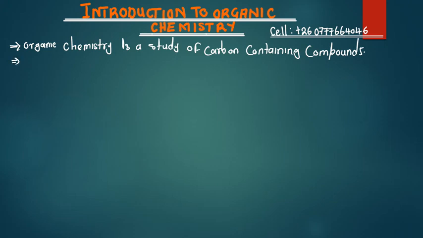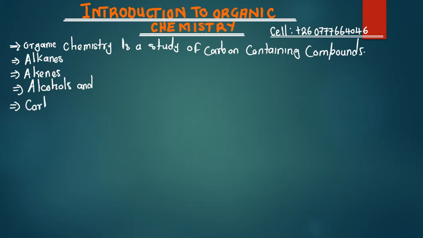So of course, there are various types of compounds under this topic, which are going to include alkanes, alkenes, alcohols, and another set of organic compounds which we're calling carboxylic acids.